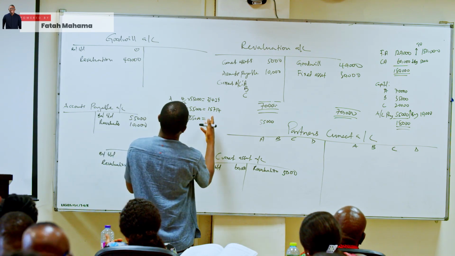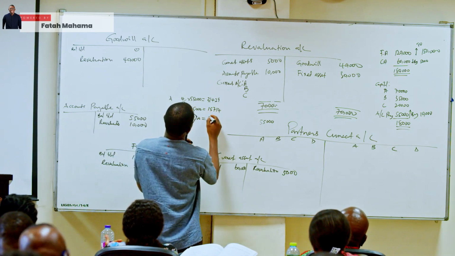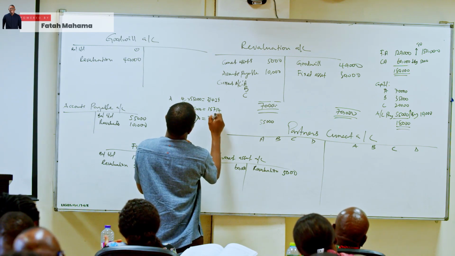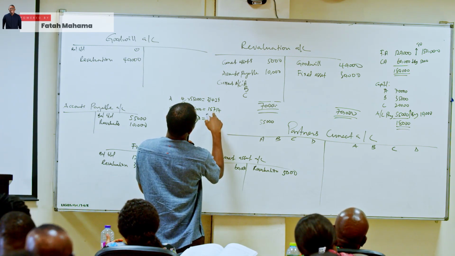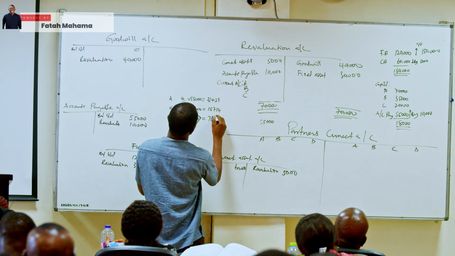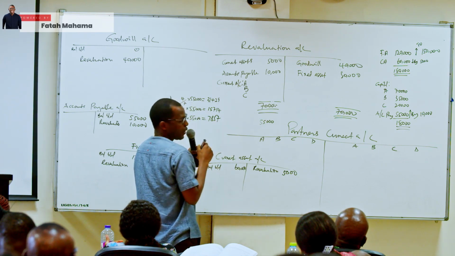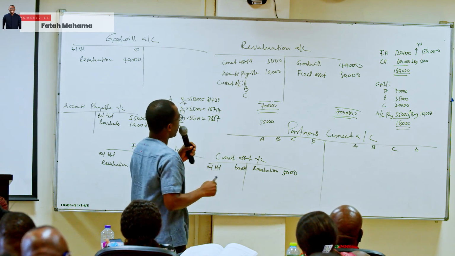Then obviously this will be half of this, 7,857. We are getting it correct.